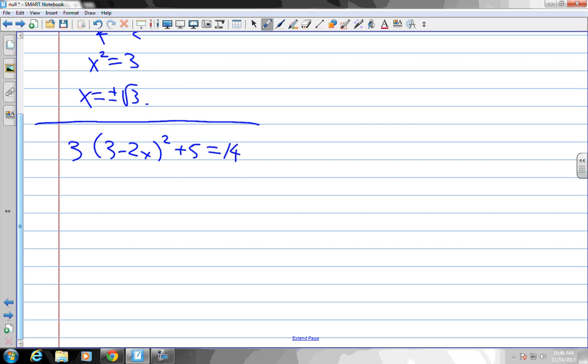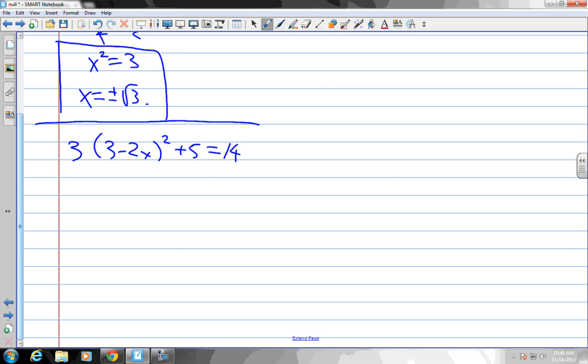What you should notice about this equation is that all of the variables are inside the square, right? You don't have any more x's floating around. So this technique still applies. I can isolate the square term, move all the constants to the other side, and then get rid of the square by taking the square root.